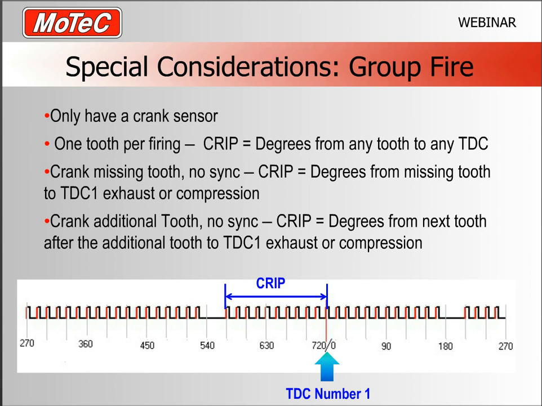The additional tooth mode with no sync is quite similar. It's just the index tooth back to top dead center, exhaust or compression. Again, no sync sensor, so we haven't got a really good way of working out where the engine is specifically. So these are group fired engines.